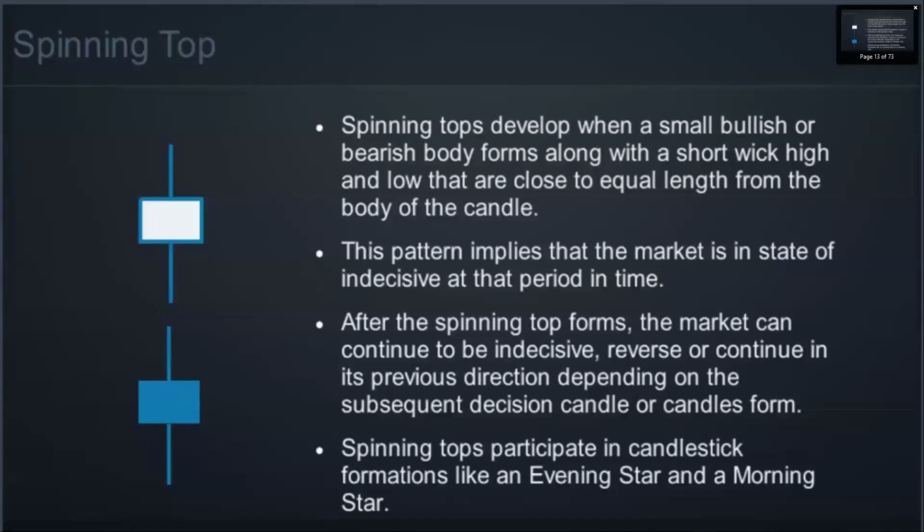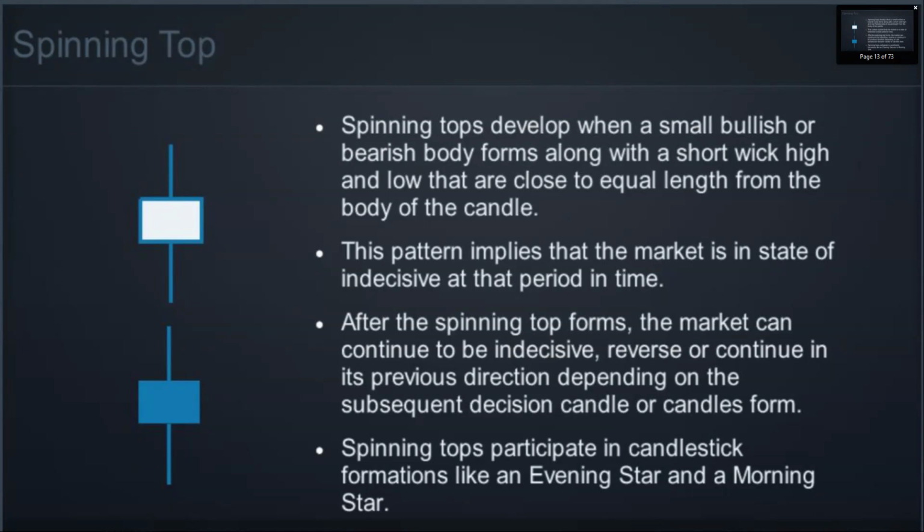Spinning top, an indecision candlestick. They don't tell you whether the market is going to buy or going to sell. These two candlesticks are called spinning tops, whether bullish or bearish. The wick to the upside and the wick to the downside are almost equal, and then you have a little, appreciable body, unlike the doji star that doesn't have so much body.